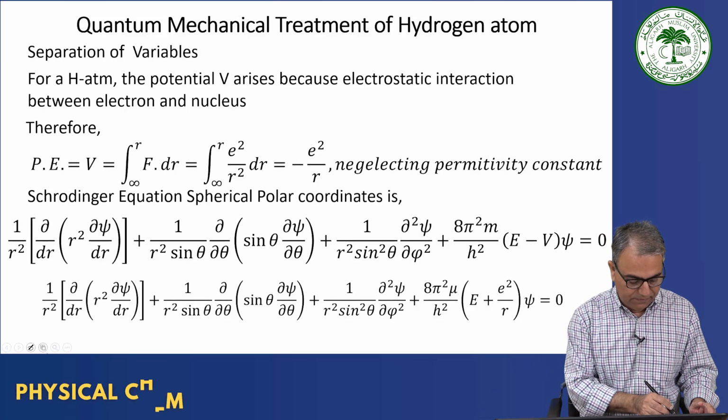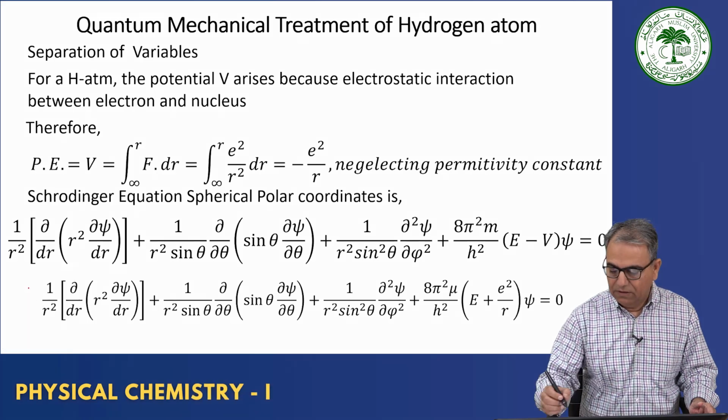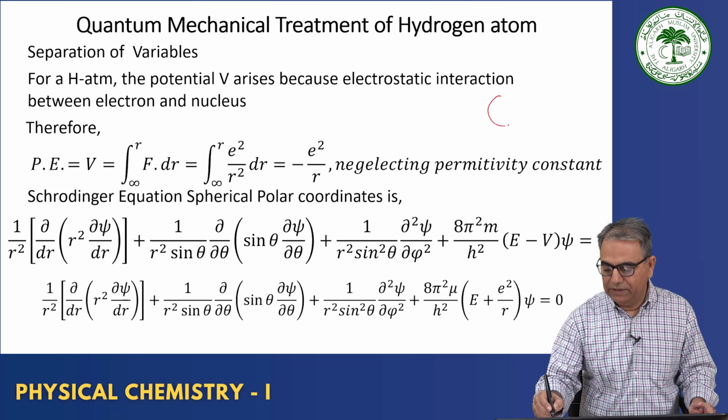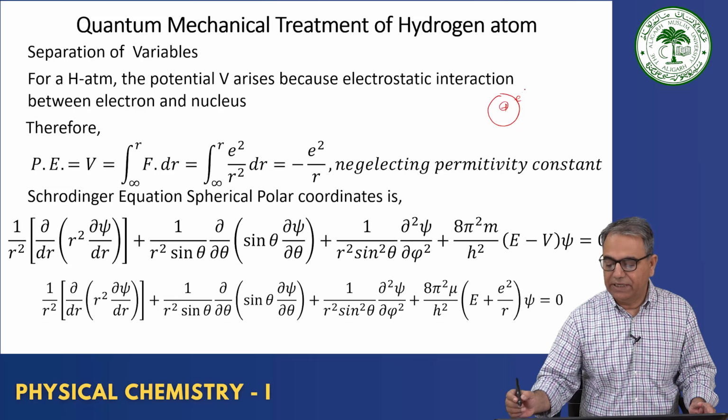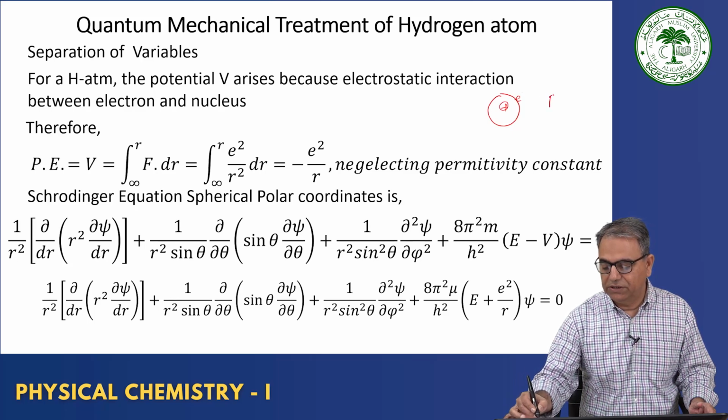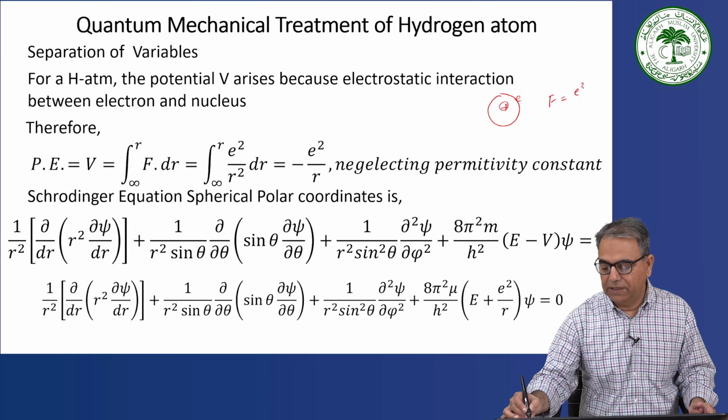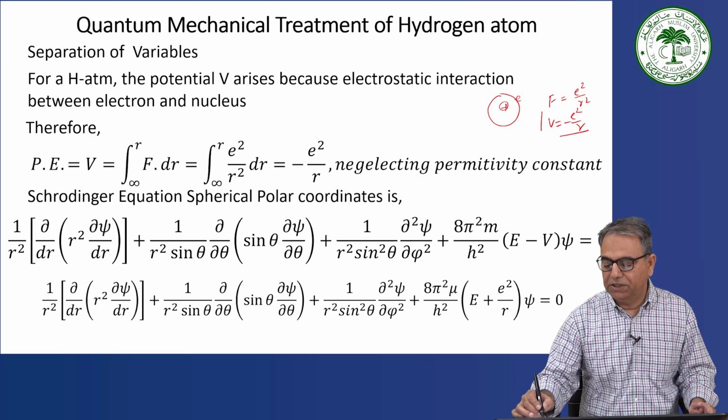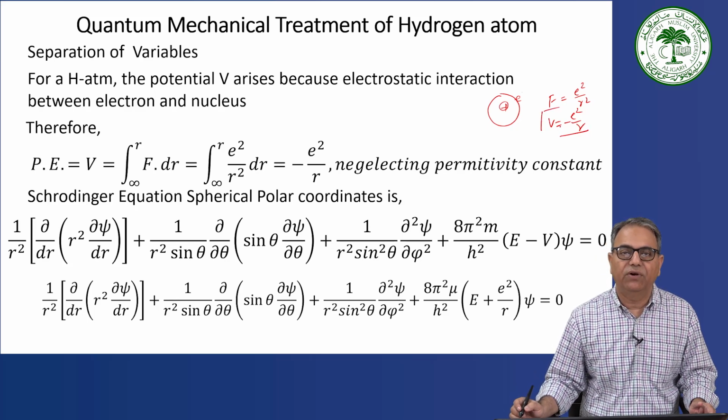So we have a nucleus at the center, and you have an electron like this. We say the force acting between the two, because the charges are opposite, is e square by r square, and if you calculate the potential energy, it is minus e square by r. So this potential energy will be part of the Hamiltonian for hydrogen atom.